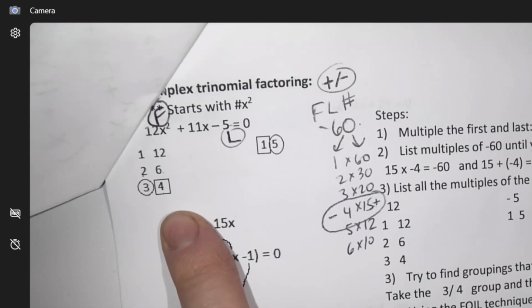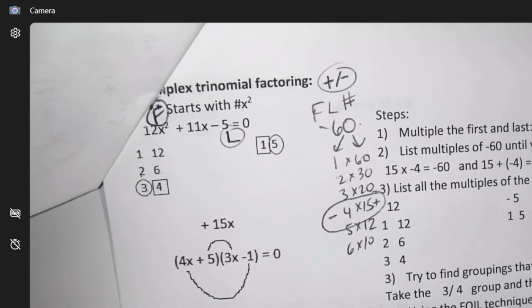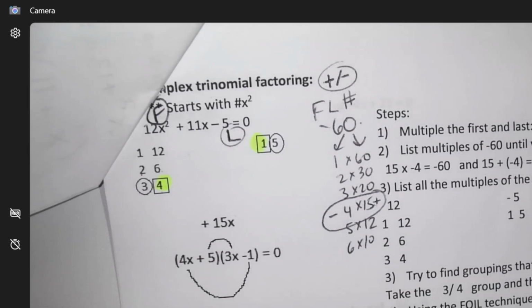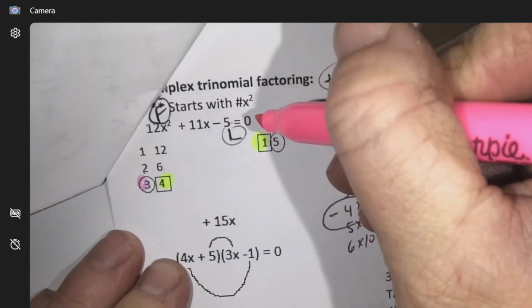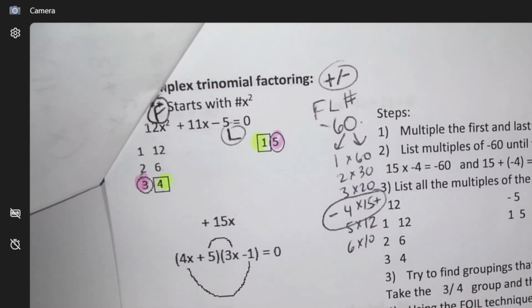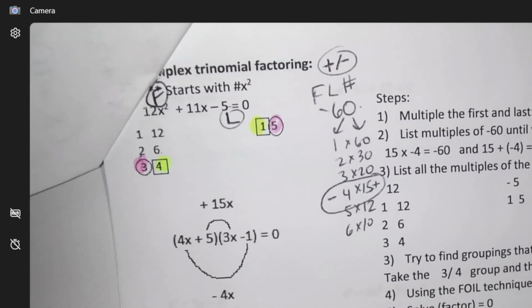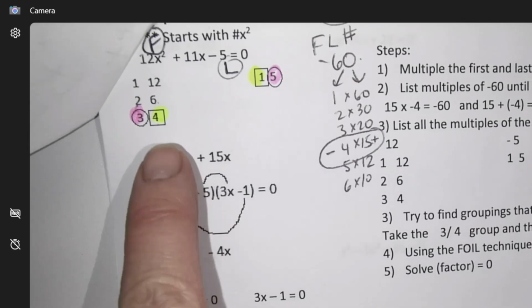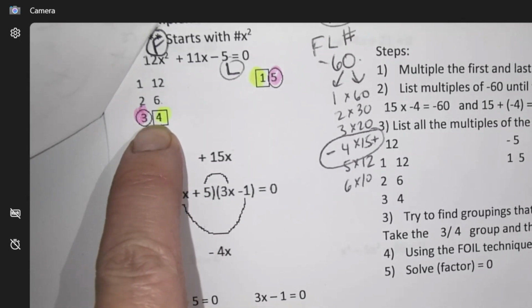So you can see in my shapes here, I'm going to make a 4. You see the 4 out of that? And I'm going to make a 15. Okay, and then I line them up in the FOIL. So the first times the first, I'm picking the 3x times 4x.